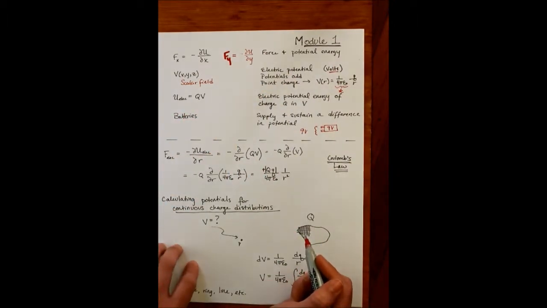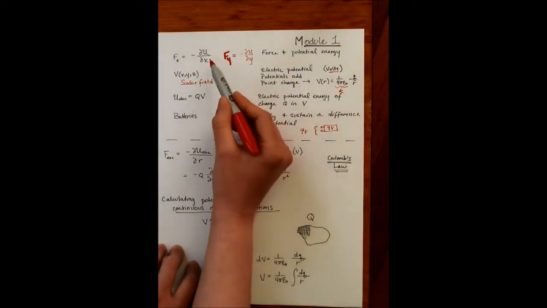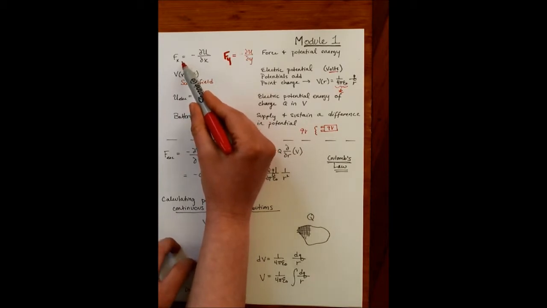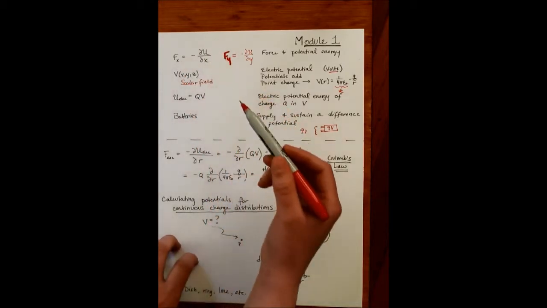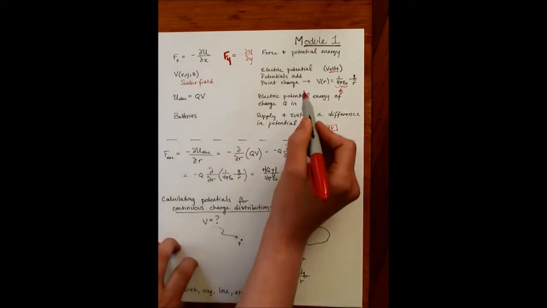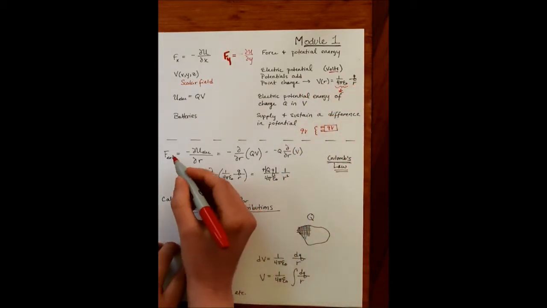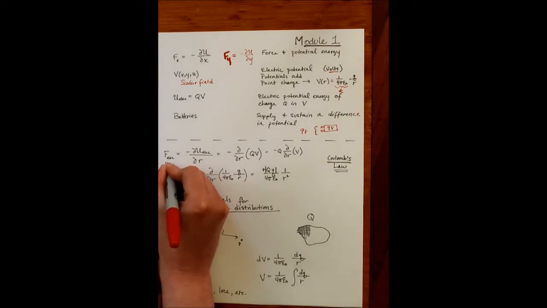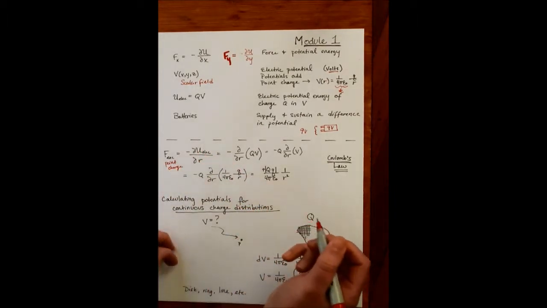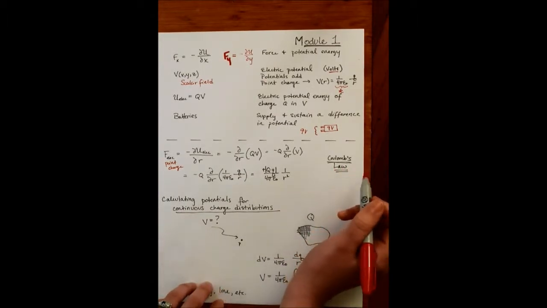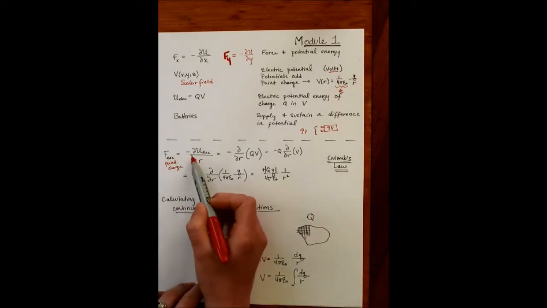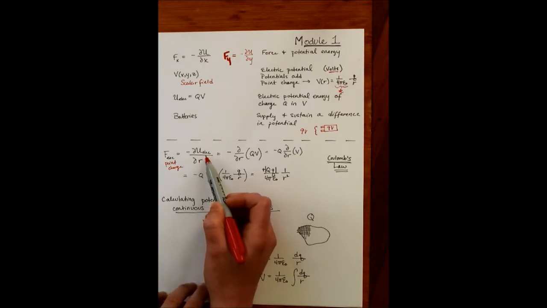So using the relationship between force and potential energy and the electric potential for a point charge, we can calculate the force due to a point charge on another point charge. And that's known as Coulomb's law. So F is just minus the derivative of the electric potential energy with respect to r.